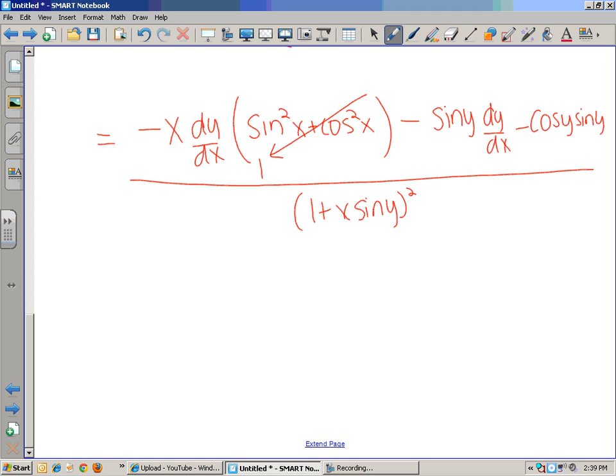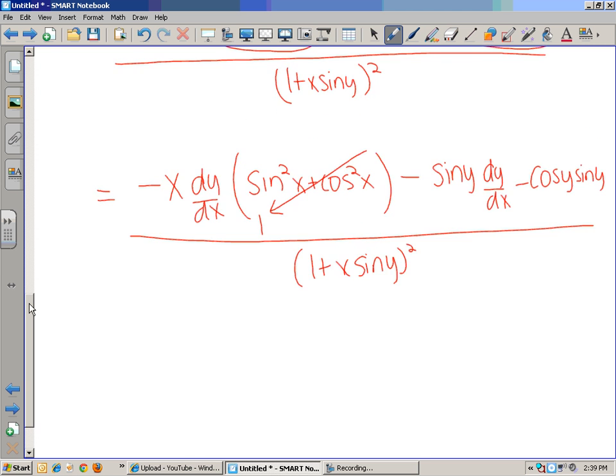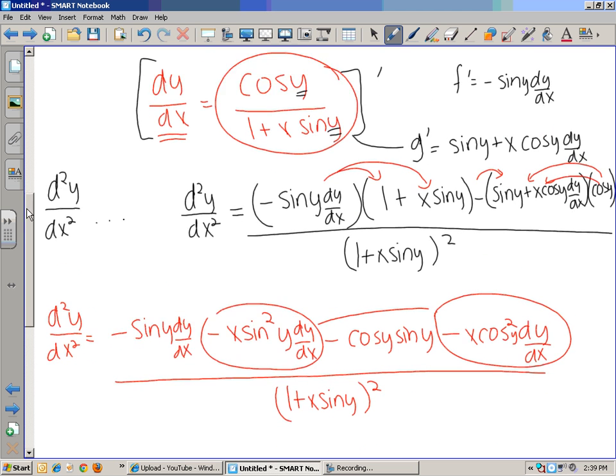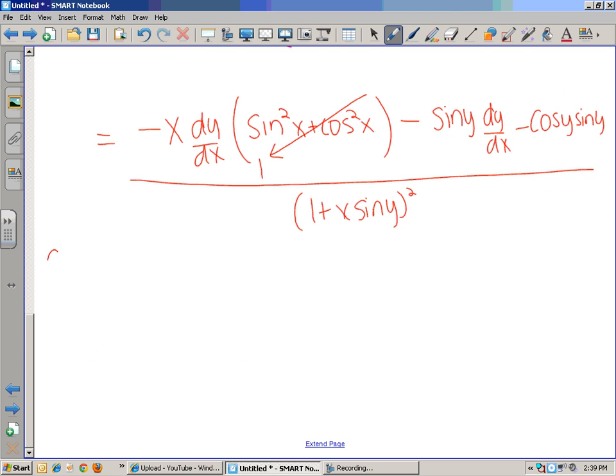So it starts to look a lot prettier. And now I just want to plug in my dy/dx, which is cosine y over 1 plus x sine y. So dy/dx is equal to cosine y over 1 plus x sine y. And now wherever you see a dy/dx, you just want to plug that in.